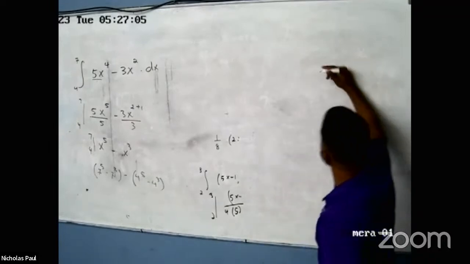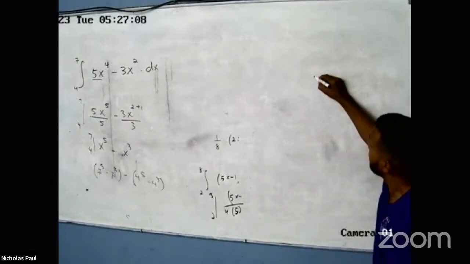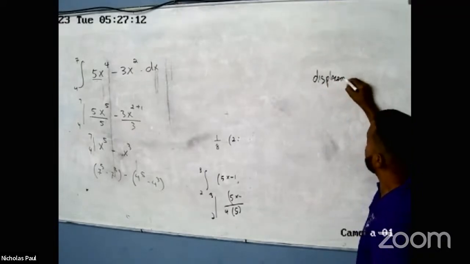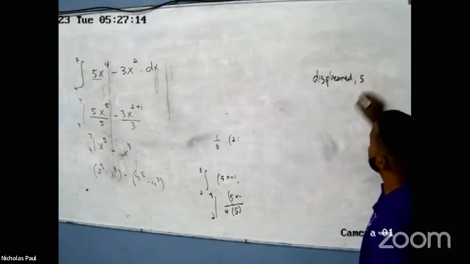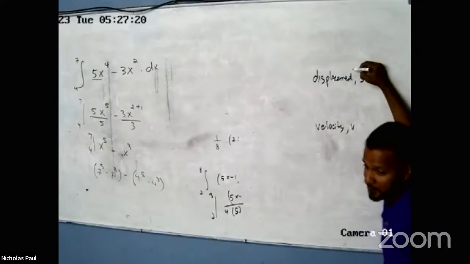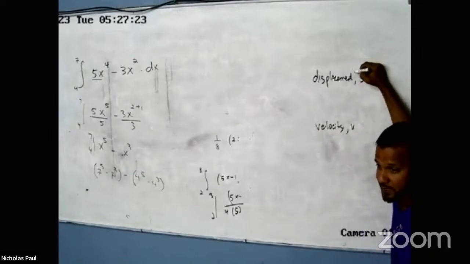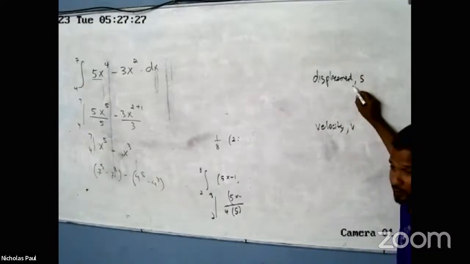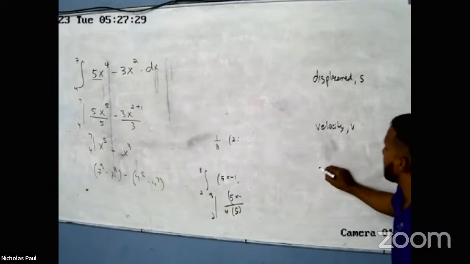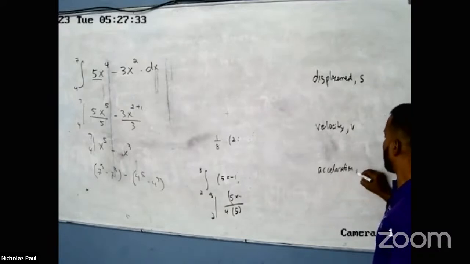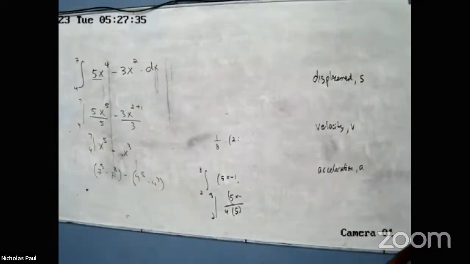We are looking at displacement, which I'll denote by S, velocity, and acceleration. Remember, displacement is distance moving in a stated direction. Velocity is changing displacement over time, and then we have acceleration.